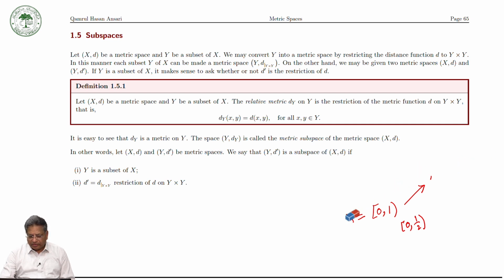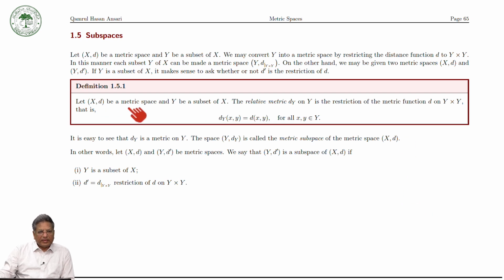So we can first introduce the definition of a restriction. Let (X, d) be a metric space and Y be a subset of X. The relative metric d_Y on Y is the restriction of the metric function d to Y cross Y, such that d_Y(x, y) is equal to d(x, y).